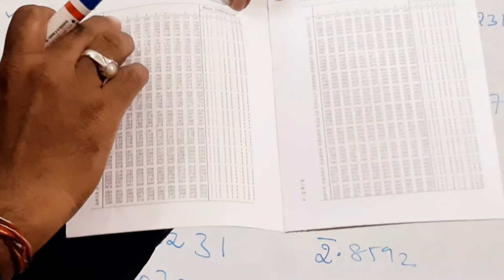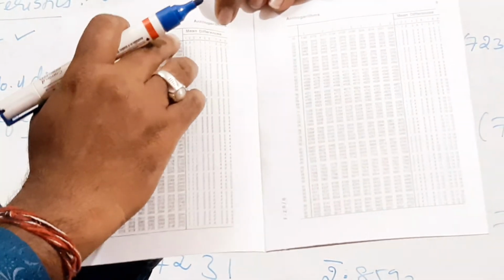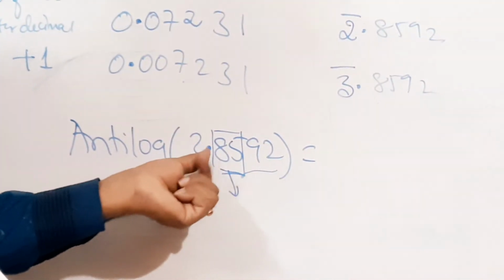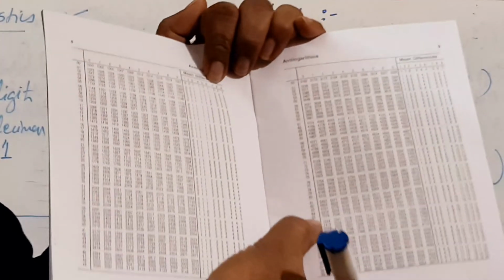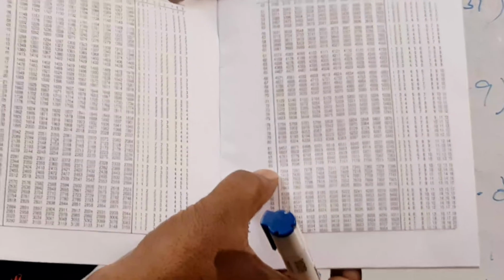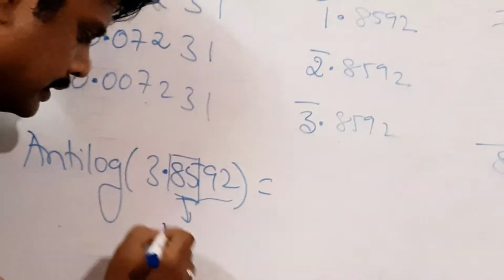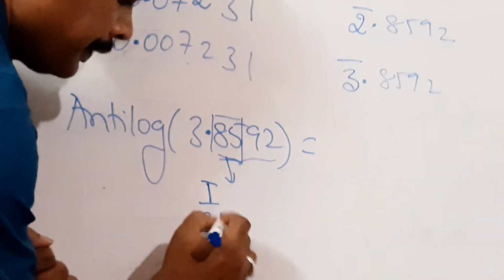In the first row there are 0, 1, 2, 3, 4 up to 9, and then the mean difference. So we have to search for this number, 0.85, in the first column. This is 0.85. Clear now? This is in the first column.